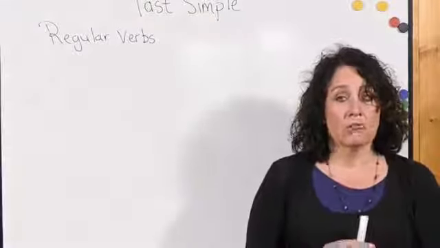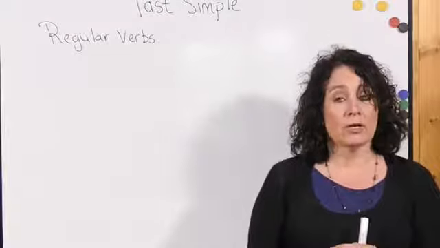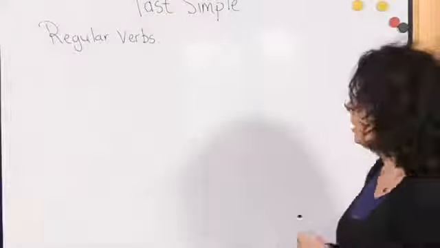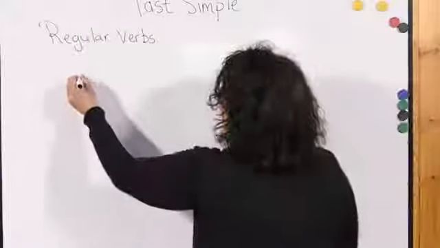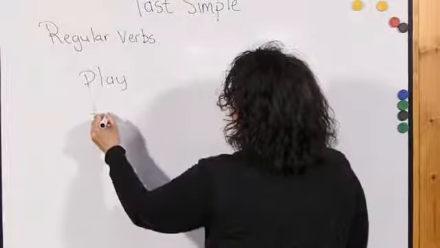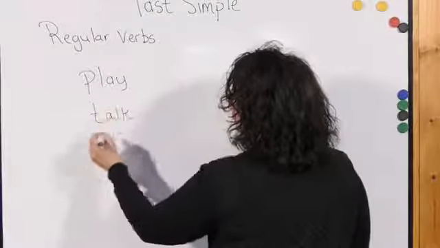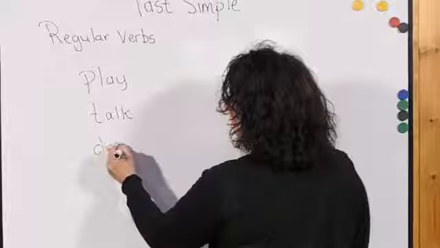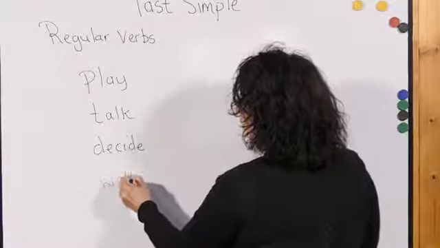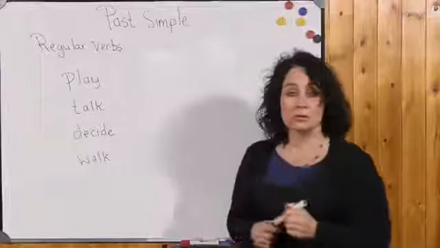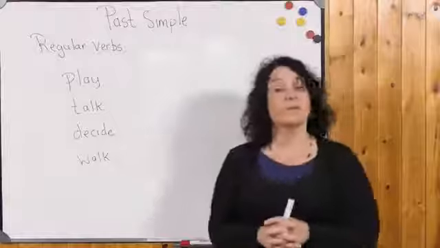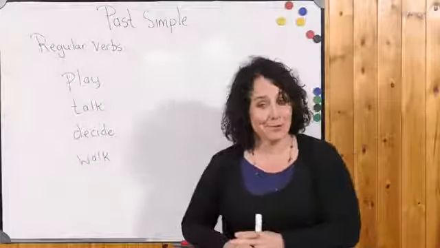Okay, so just to give you an idea of some regular verbs, they would be verbs like play, talk, decide, walk. Okay, so these are just a few of the regular verbs that we have. Of course there are more.